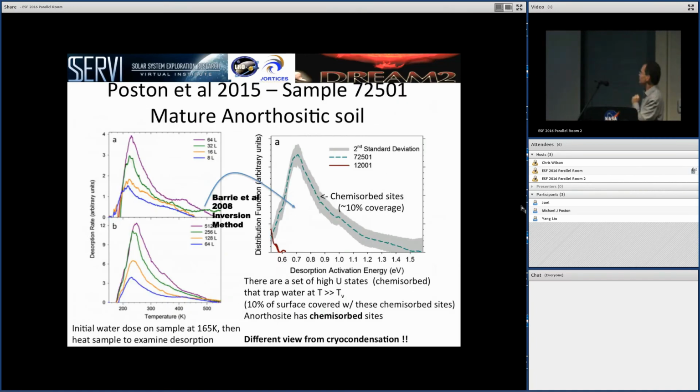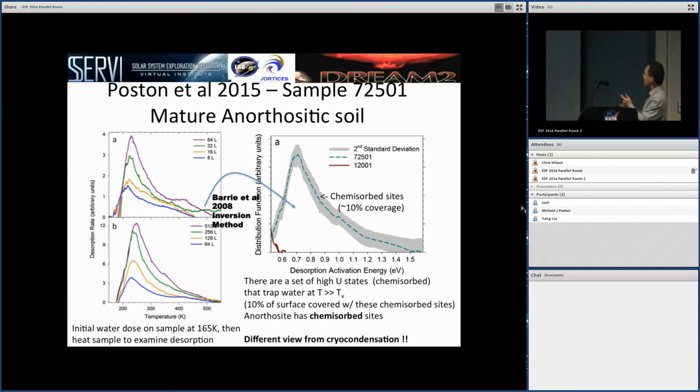And that's exactly what Tom showed yesterday. This almost looks identical to a slide of his, even though he didn't give it to me. These are great plots. Basically, what they did in the lab is take a mature anthracite soil sample, put a dose of water on it, and then warm it up, and they found around 200 to 220 degrees Kelvin they were getting a peak in the water emission.